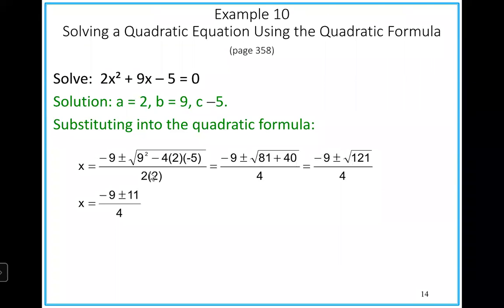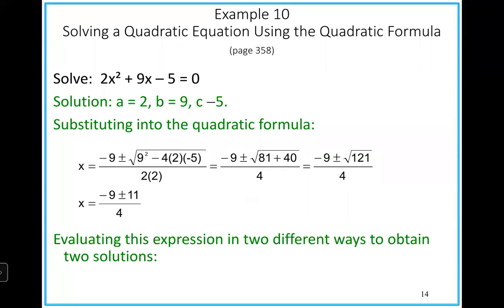And by the way, 2 times 2 is 4 at the bottom. So you add the 81 and the 40, you get 121. So it's negative 9 plus or minus the square root of 121 over 4. The square root of 121 is 11. So it's going to be negative 9 plus or minus 11 over 4.